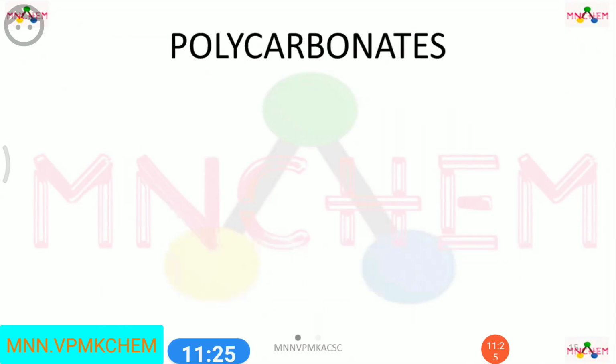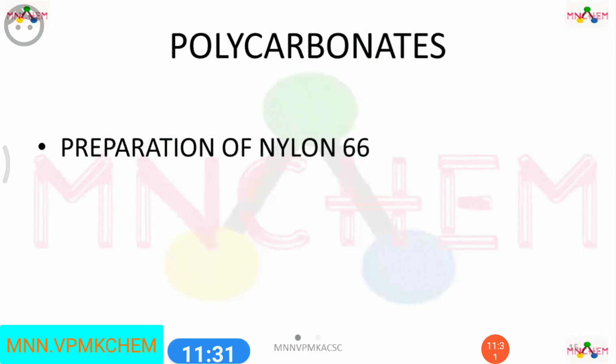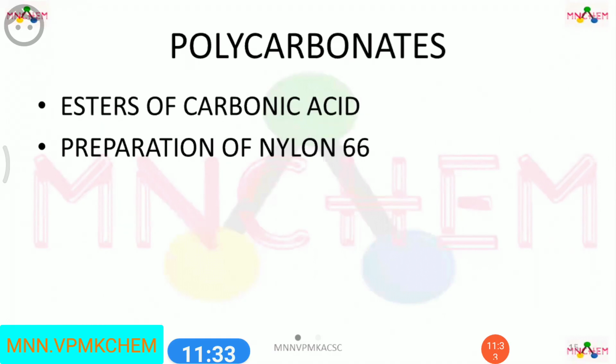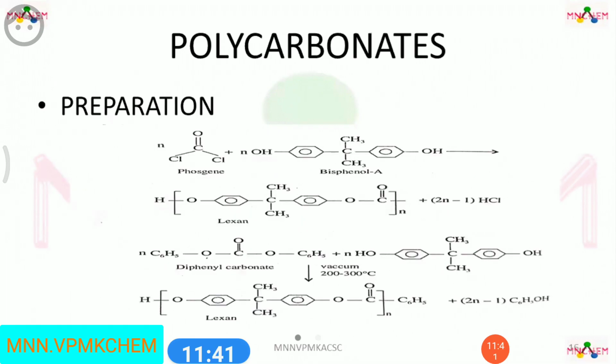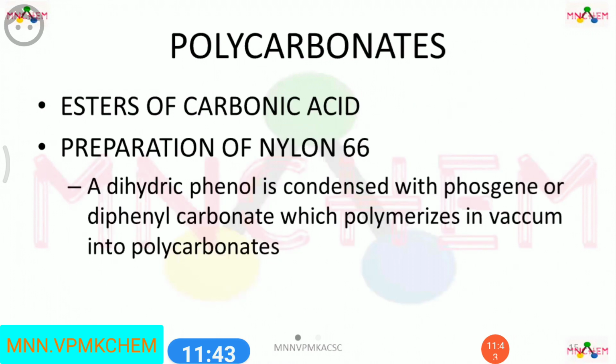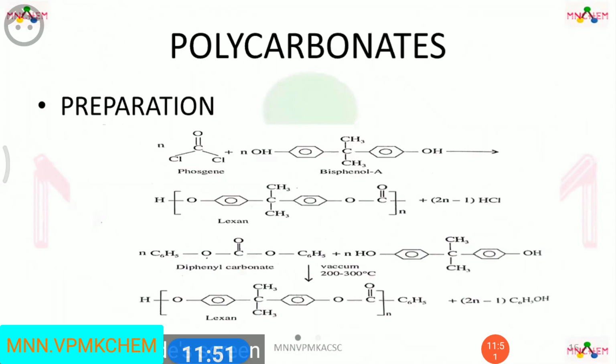Next condensation polymer is polycarbonates. These are the esters of carbonic acid. A dihydric phenol is condensed with phosgene, okay, which gives a diphenyl carbonate, and polymerization in vacuum gives polycarbonate.